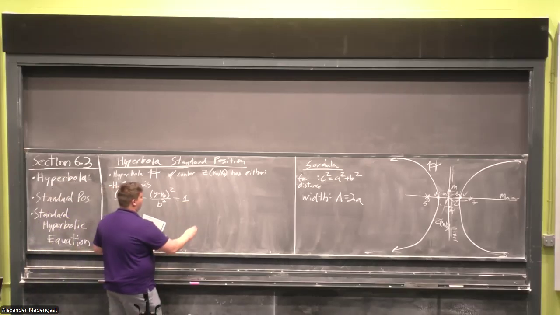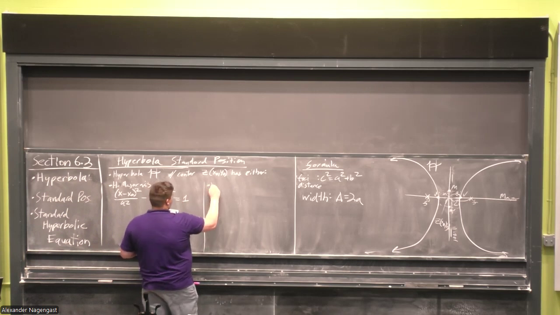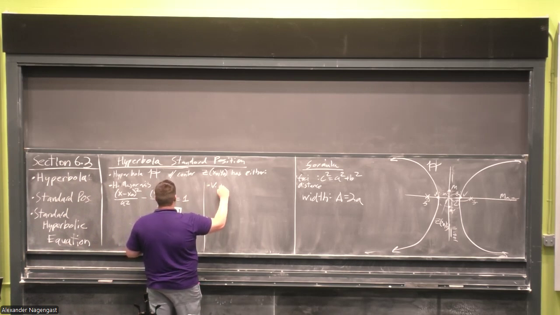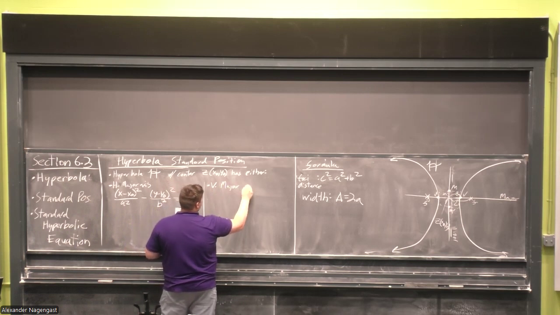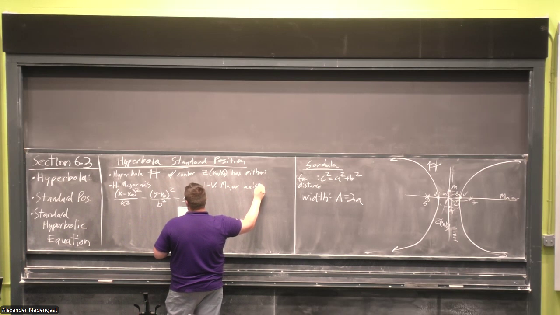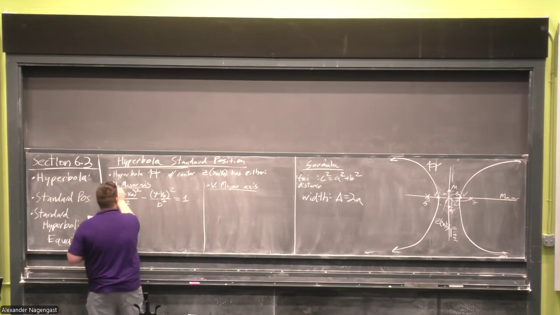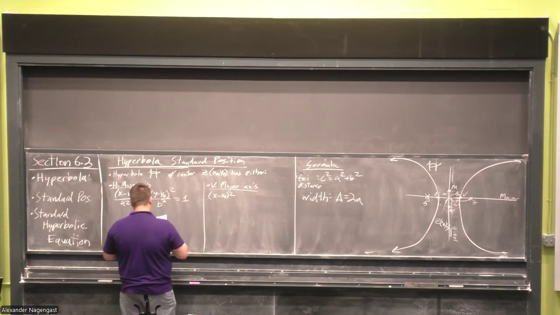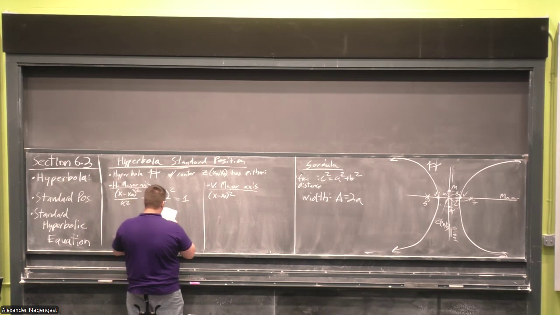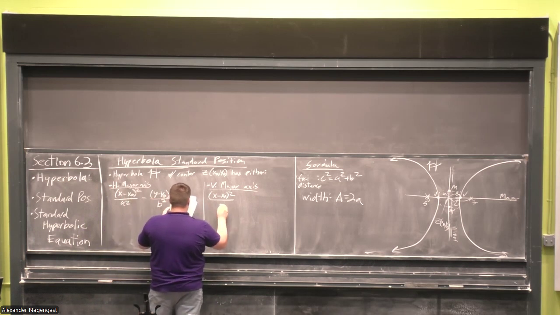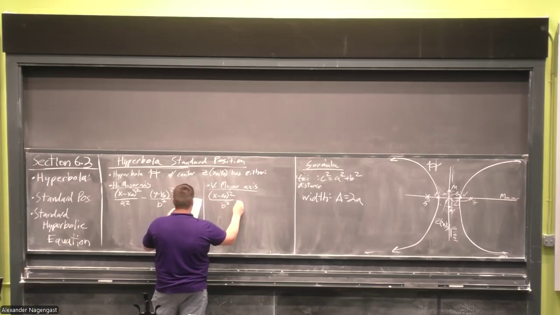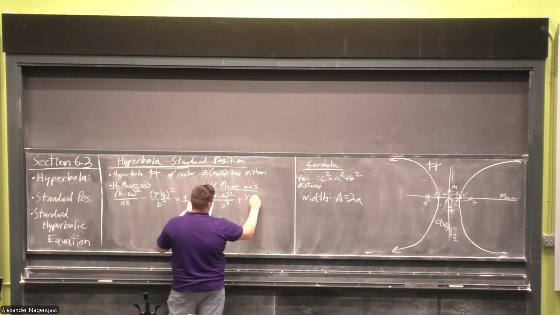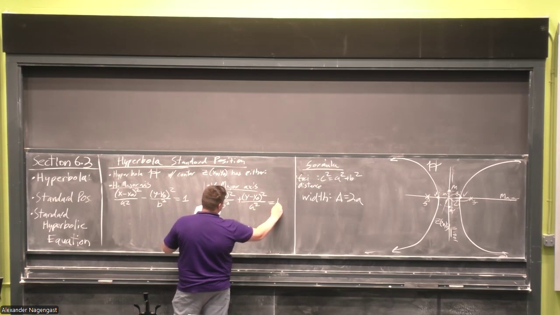And for the vertical counterpart, so vertical major axis, we're going to be left with x minus x naught squared all over b squared plus y minus y naught squared over a squared equals 1.